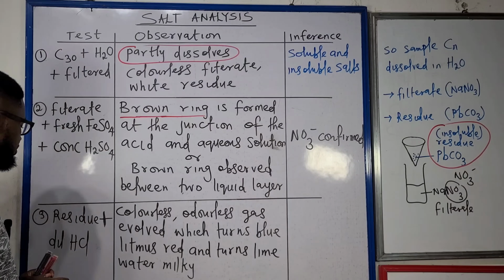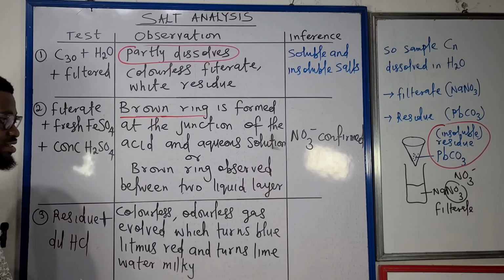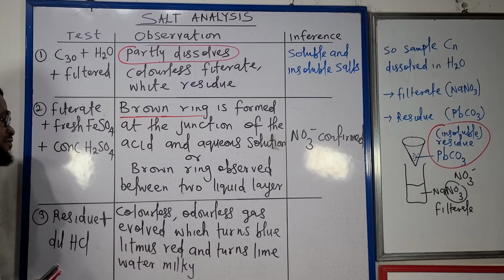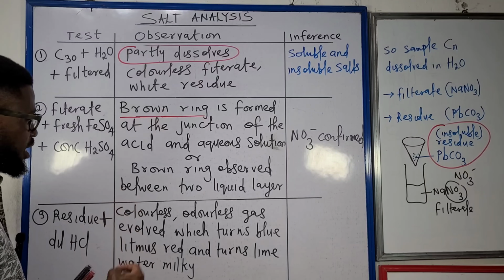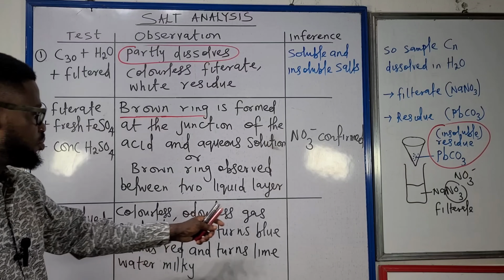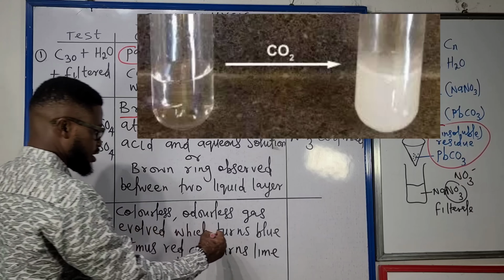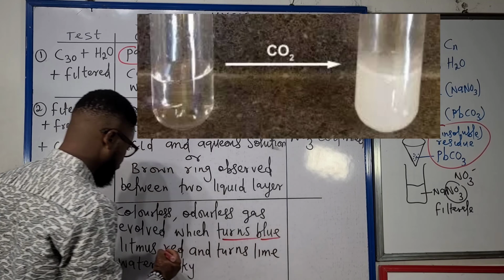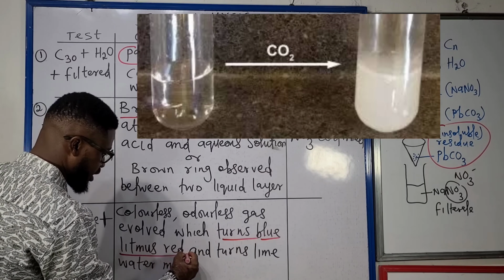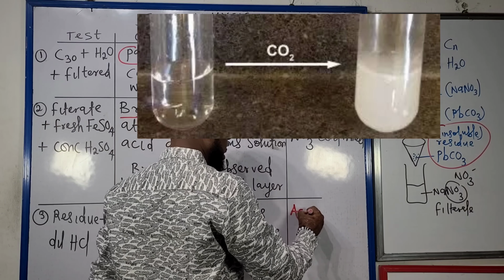To your residue, when you add dilute hydrochloric acid, what you're going to have is a colorless, odorless gas will be evolved, which turns blue litmus red. The fact that the gas that will be evolved is going to turn blue litmus red tells me that this here is an acidic gas.